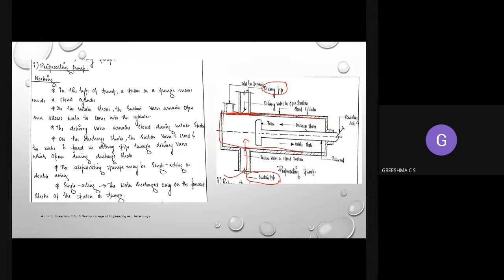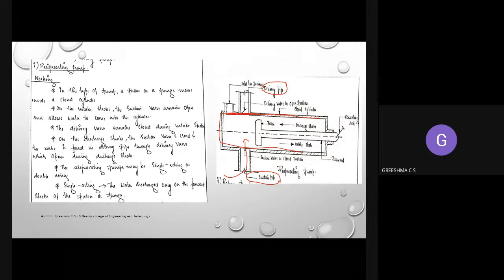For that, we require very good, highly efficient pumping equipment. The water that we have collected has to be distributed to each and every customer. Normally you will be asked to distribute water for a city, or for a population of 1 lakh or 2 lakh.